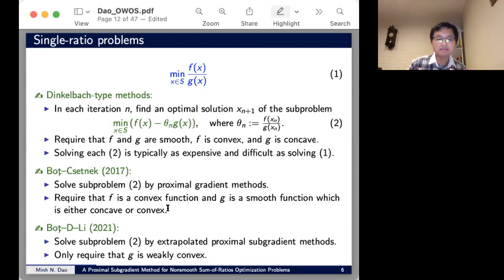Despite this important progress, it is still not clear whether one can develop proximal methods for solving non-smooth sum of ratio problems, such as our problem P, in the light of the work for single ratio cases.